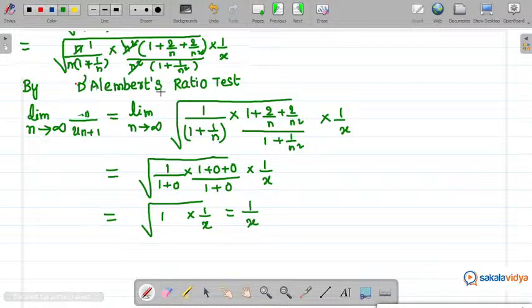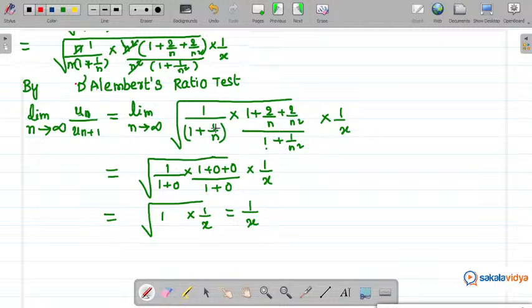This is the limit as n tends to infinity of un by un plus 1, which is the limit of the root of 1 by (1 plus 1 by n) into (1 plus 2 by n plus 2 by n square) divided by (1 plus 1 by n square) into 1 by x.